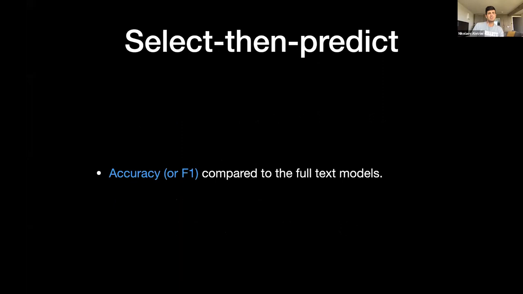The idea is that we just measure accuracy or F1, macro, micro, whatever the evaluation metric used for the full-text models, and we try to make those models as accurate as possible compared to the full-text models. Right, so we now have the evaluation in place.